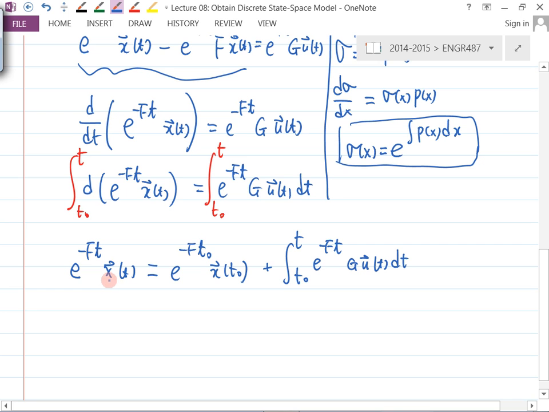This is x of t, the solution, coming out. It's not quite clean yet because there is an e to the power of negative ft here. So to clean it up, let's multiply both sides by e to the power of a positive ft.